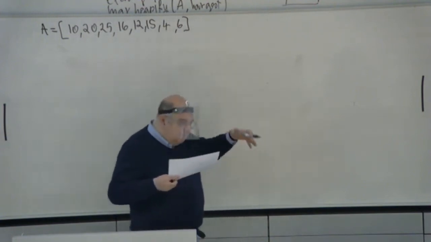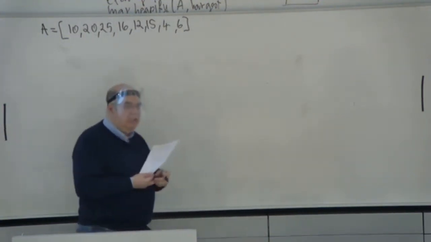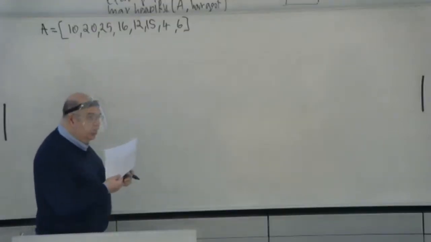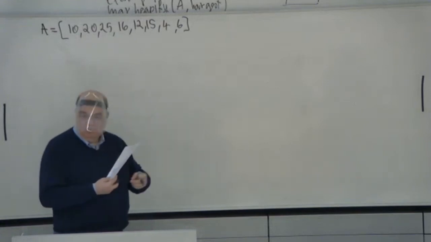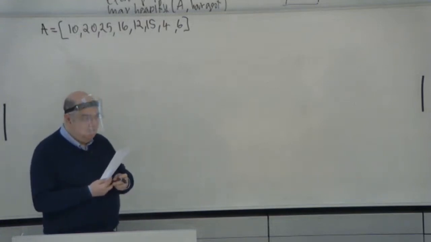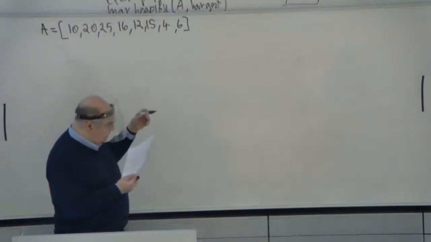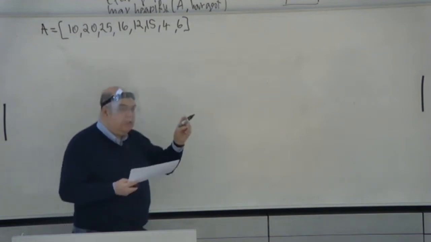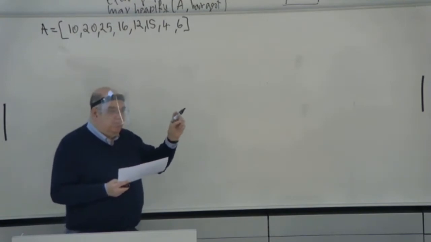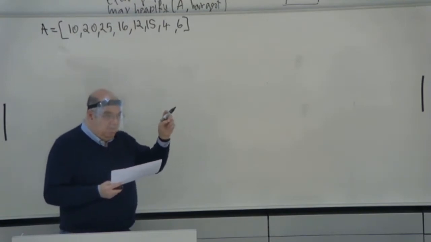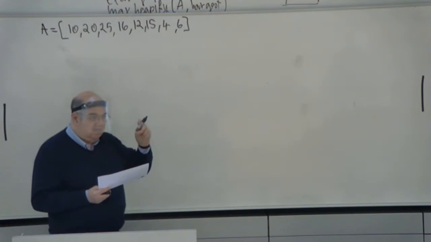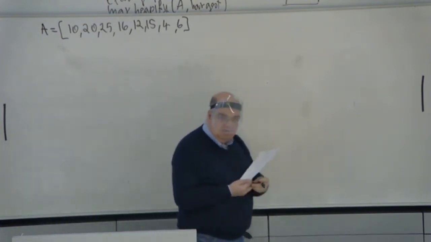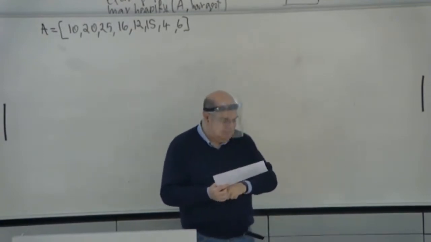So, first thing, represent this array as a binary tree, and then maxify the root. You'll see that the root has the property for maxify, so both the left child and the right child are max heaps. So the problem is with the root. So let's see what you can do with this.